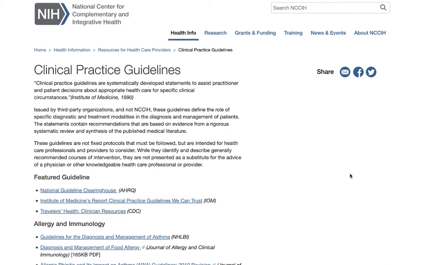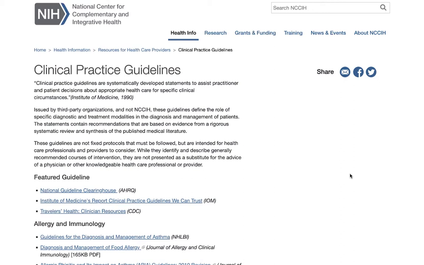A clinical practice guideline is going to be a more generic set of standards or guidelines that need to be followed in order to create a clinical pathway, versus a clinical pathway that's going to be very, very specific depending on what type of clinical situation that the patient has.